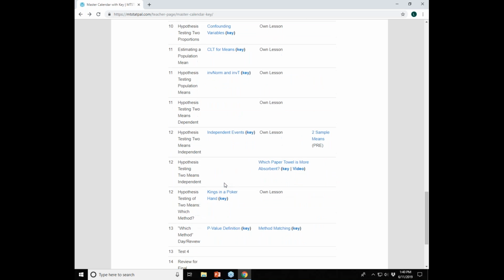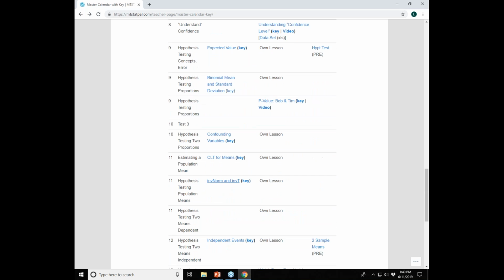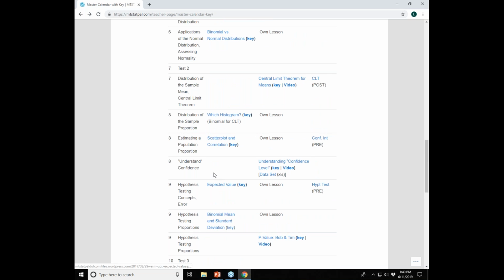So there's a warm-up, can't find it right now, but there's a warm-up about probability. What should the probability of this be so that it's a probability distribution? That's a question that people tended to get wrong on the final exam, and it's enough after the probability chapter that they don't remember. And so having that refreshing of that idea helps them when it's time to study for the final exam.